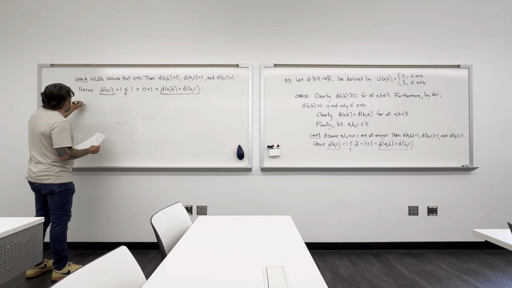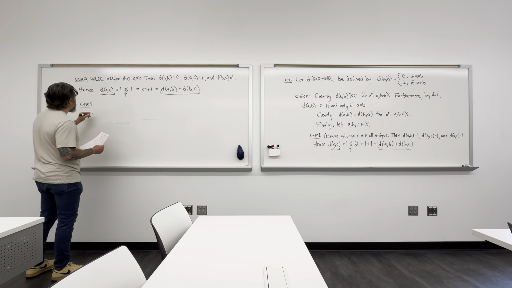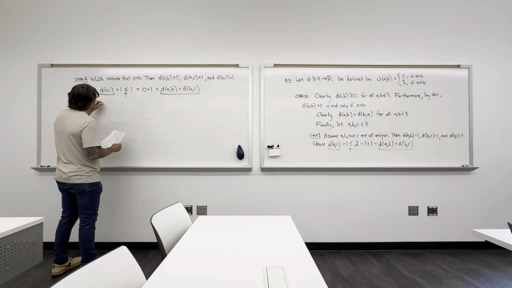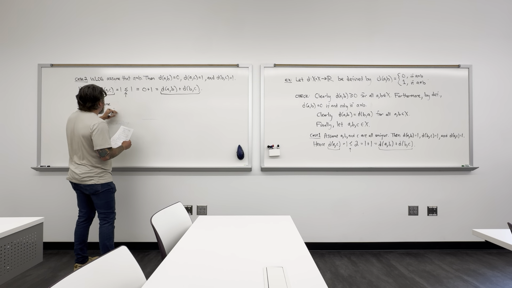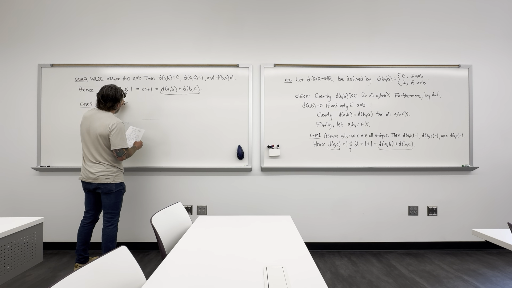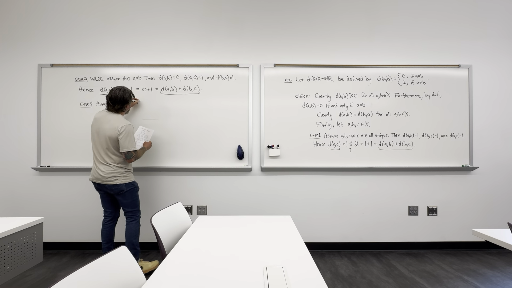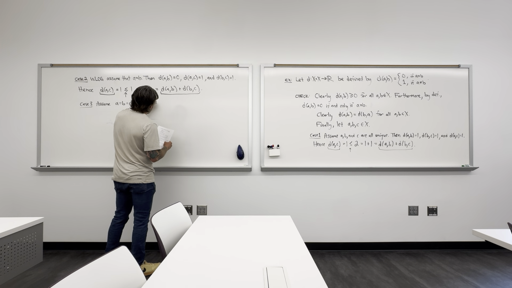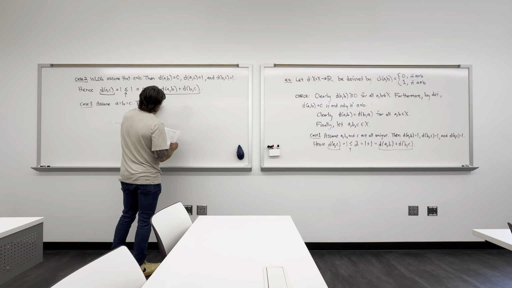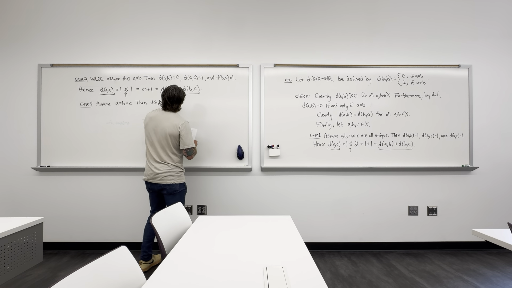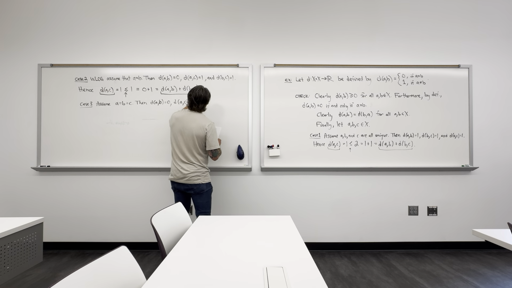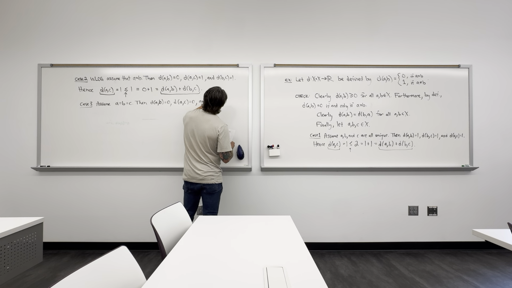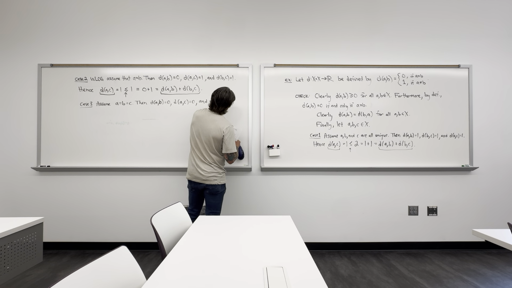And in case 3, assume they're all equal, A equals B equals C. Then d of AB equals 0, d of AC equals 0, and d of BC equals 0.